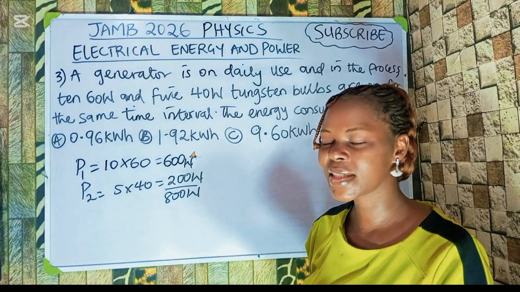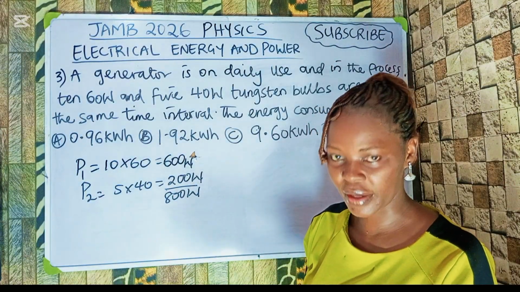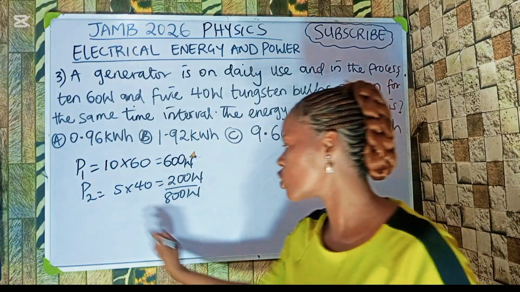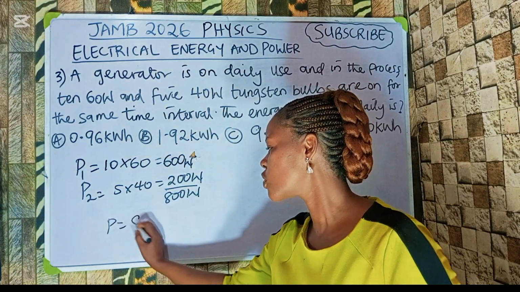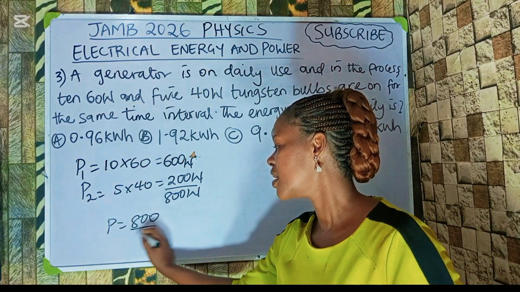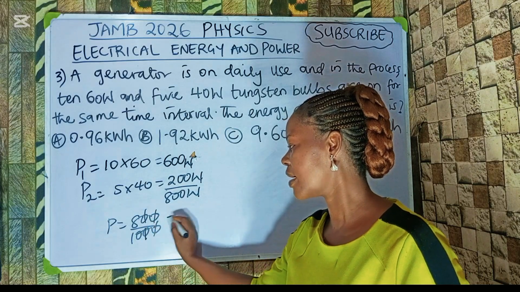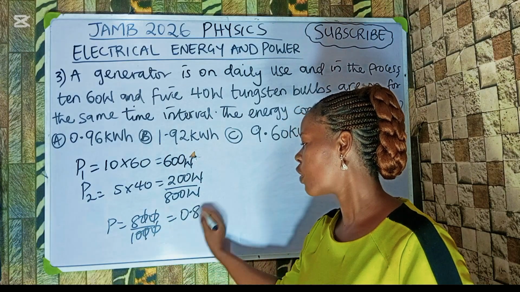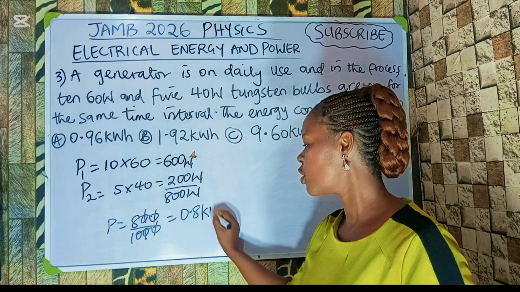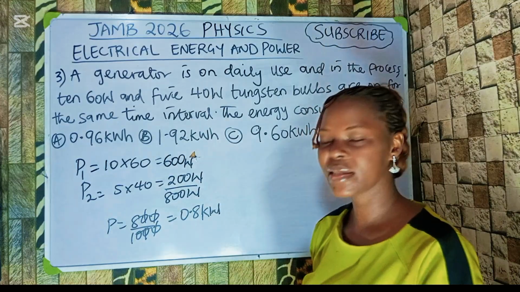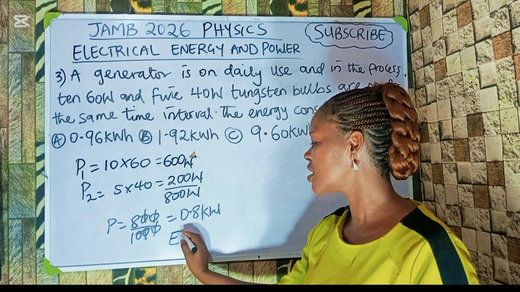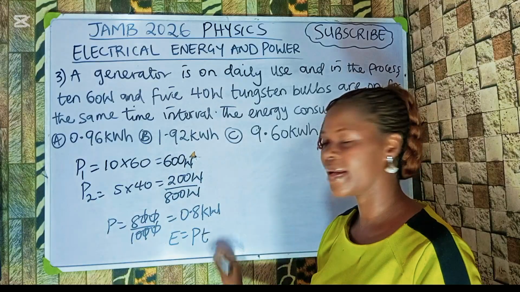Now for me to convert this watt to kilowatts, okay, I'm going to divide by 1000. So power is equal to 800 divided by 1000, right? This cancels this, right? That gives me 0.8 kilowatts, okay? But what is energy? Energy is equal to power multiplied by time.